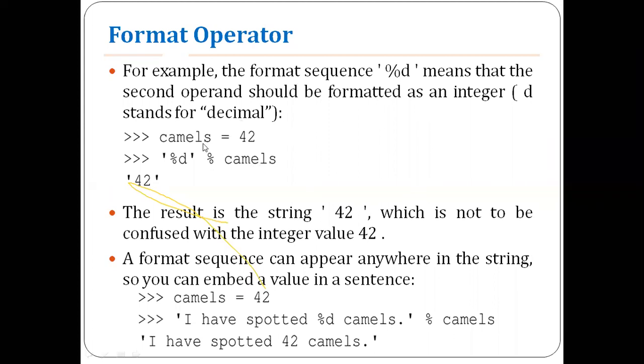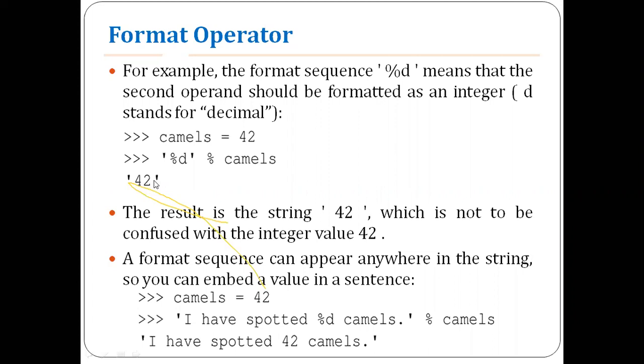Camels is equal to 42. The second operand is treated as an integer that is going to be printed on the terminal, that is 42. The result is the string 42, which is not to be confused with the integer value 42. Now it has become a string, right? It is no longer an integer.